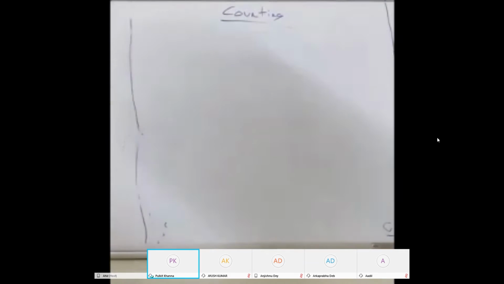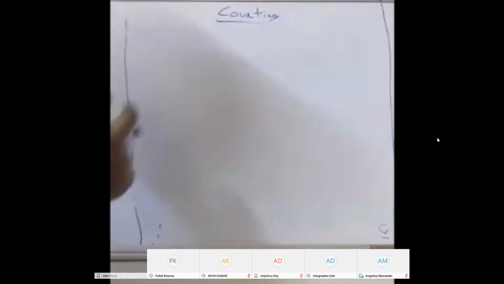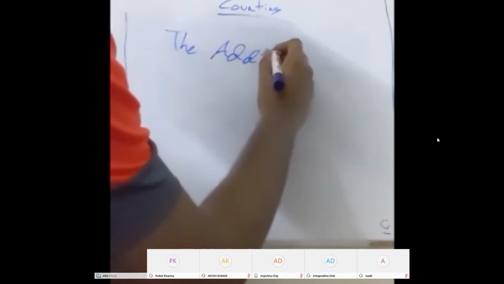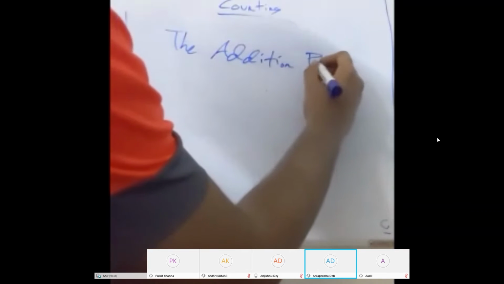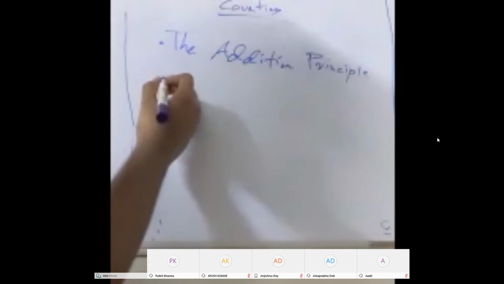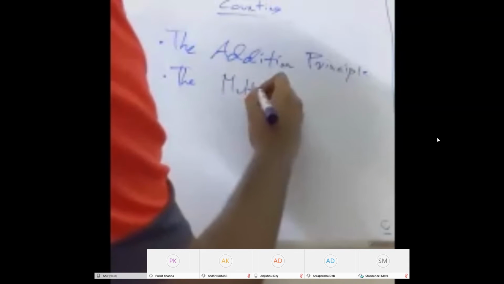Olympiad counting problems actually involve solving them without counting. So we'll move on to that later. The basic two principles on which counting is based are the addition principle, and we have the multiplication principle.